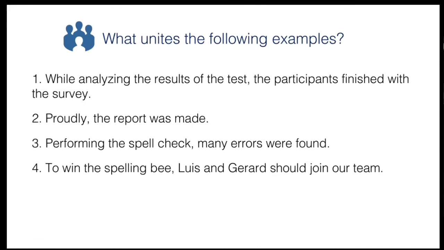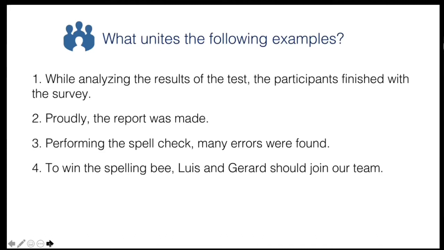And so what unites these phrases? How are they similar? You need to either change the sentence, or you need a subject, a person who performed the spell check, and maybe passive voice will turn into active. Performing the spell check, I found many errors.